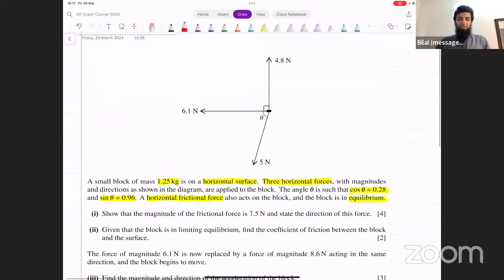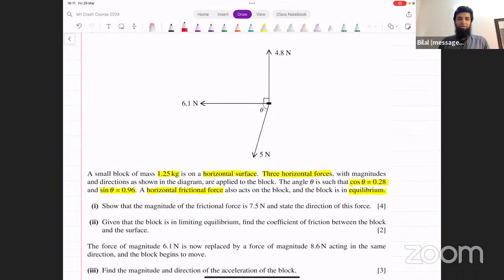Okay, so we have these three forces, and there's going to be some friction somewhere. We don't know where exactly that is going to act. We need to find the magnitude of the frictional force. Now, if you think about it, if the block is in equilibrium, that means all forces should be balanced.